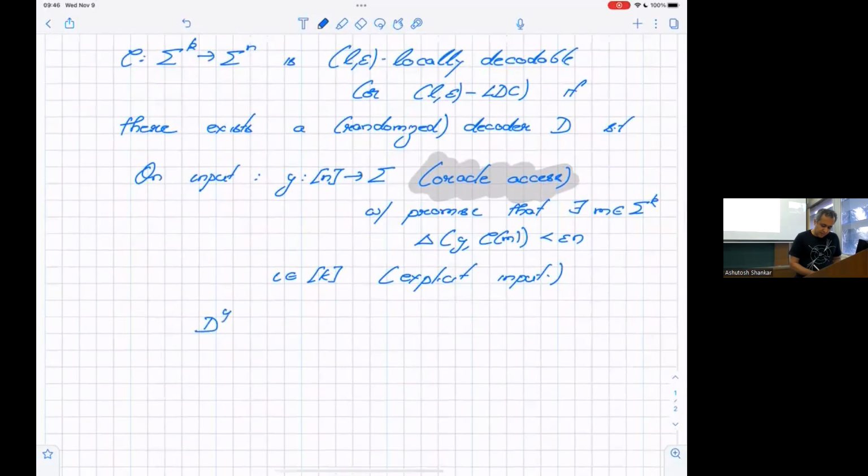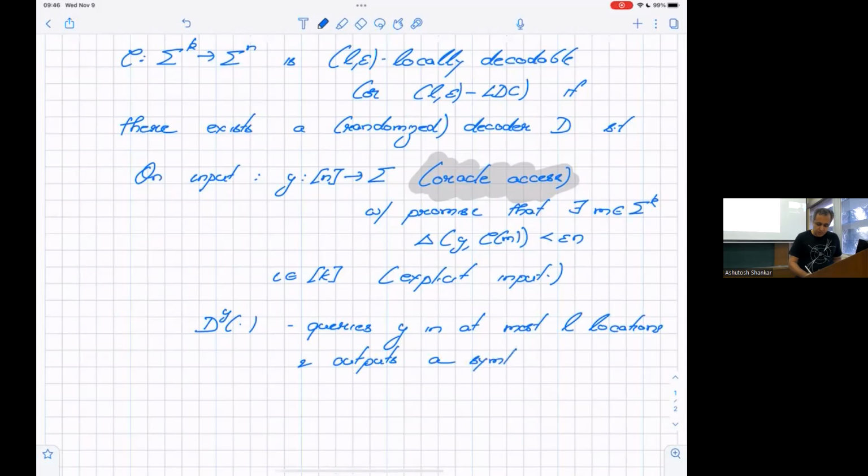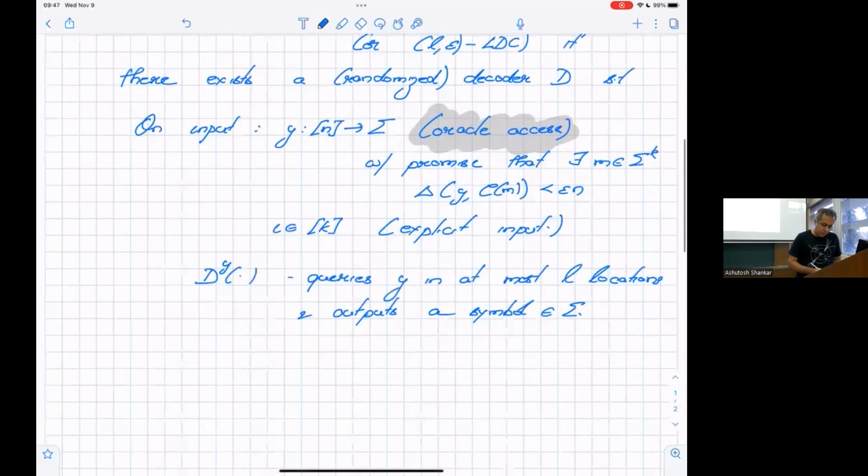So D probes, or queries, y at most L locations and outputs some symbol in sigma, and we should have this property that for all i in [k], for every m, the probability that D^y(i) is equal to m_i should be greater than 2/3.